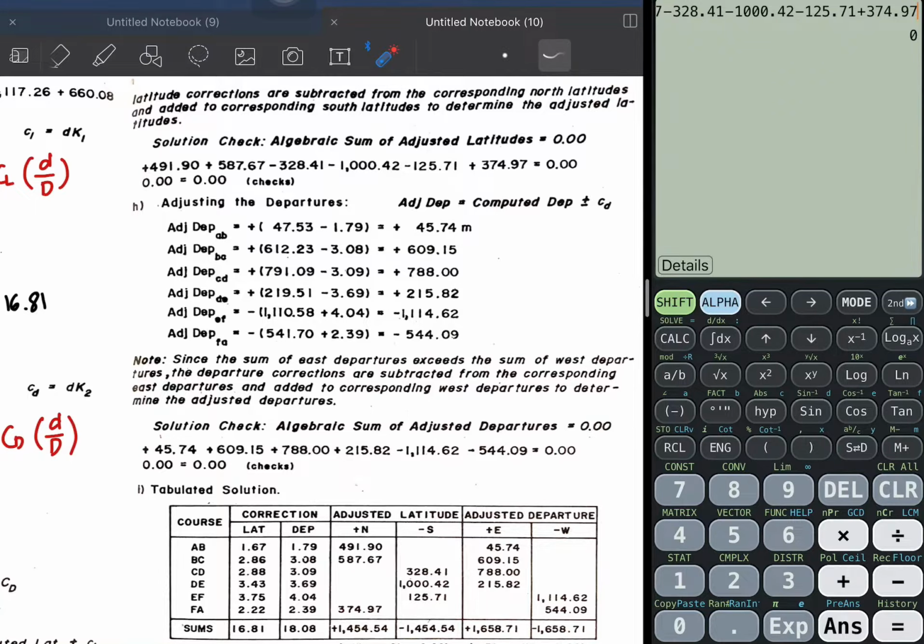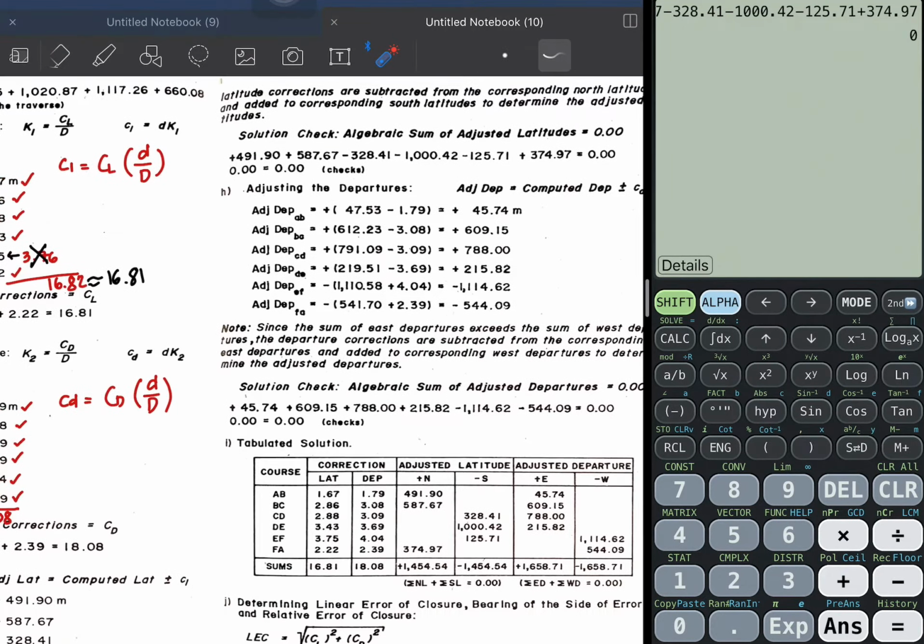Okay? So bigger value for the north latitude, so subtract. And smaller value for the south latitude, so add the correction. Okay, so when you add all the latitudes, it should be equal to 0.